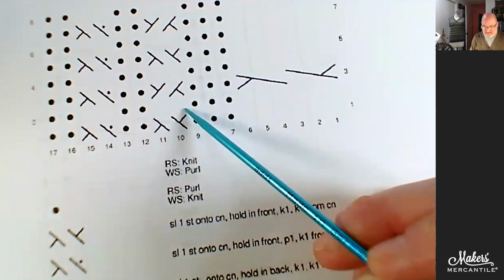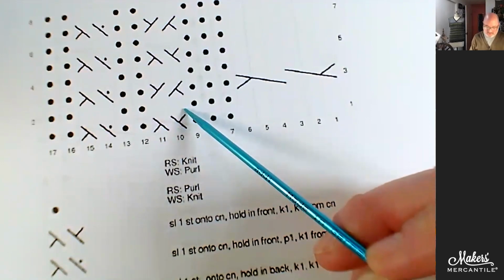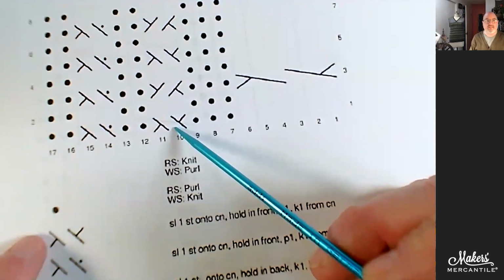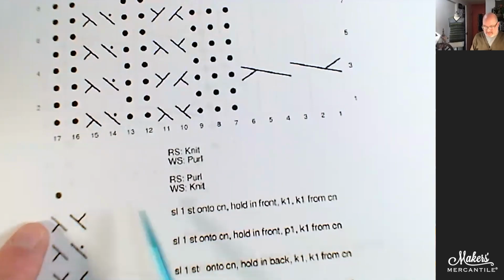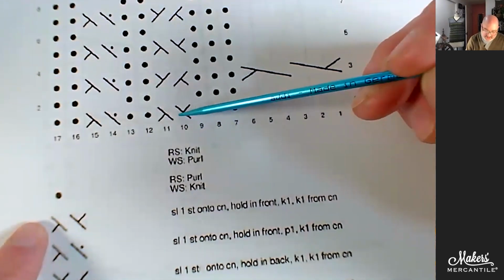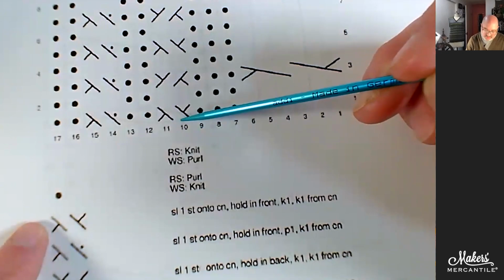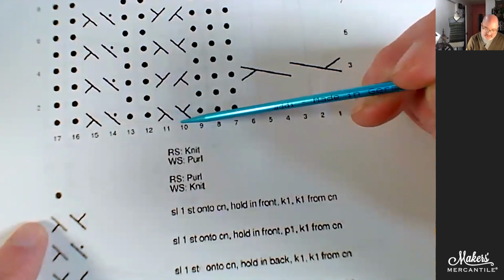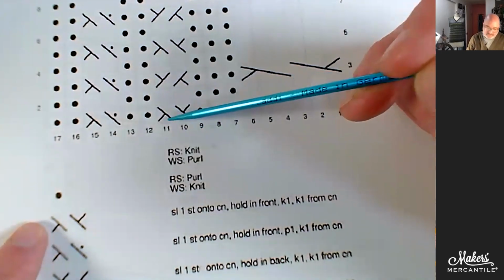We know that this is a 1x1 cable cross, and if we find that one on our key, it'll say slip 1 stitch onto cable needle, hold in front, knit 1, and knit 1 from the cable needle. That's what CN means. And we can see that the stitch that we first encounter is still up in front of the other stitch.